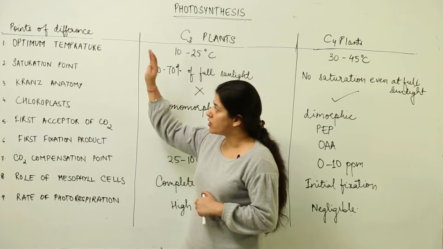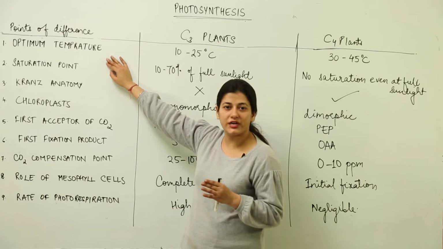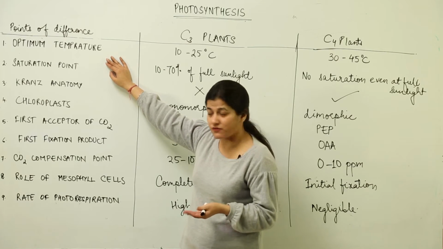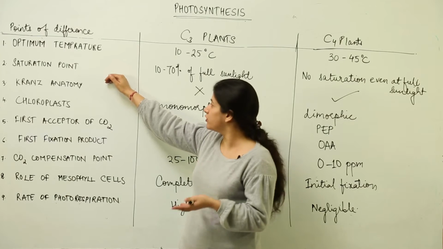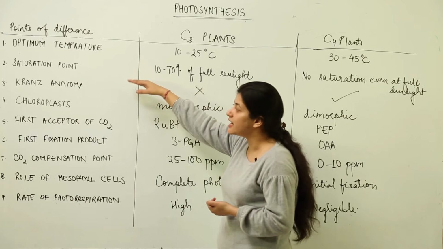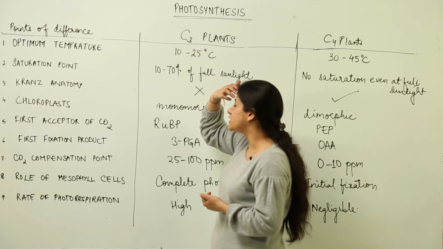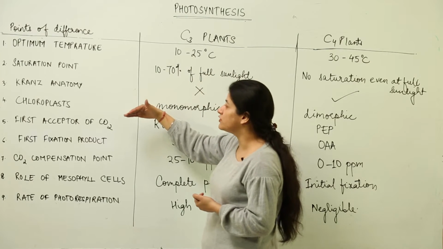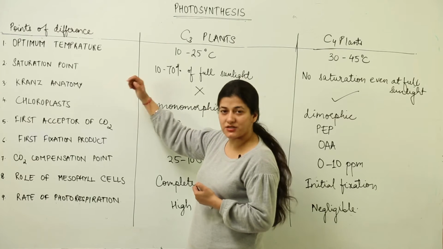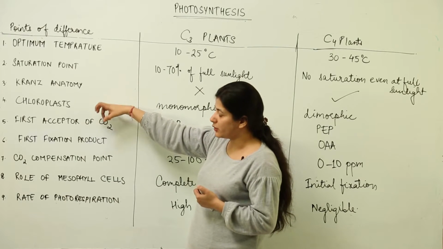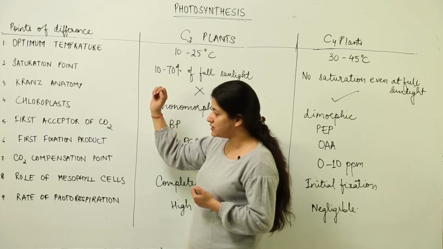We are going to talk about the optimum temperature at which the plant shows maximum rate of photosynthesis, the saturation point in terms of sunlight, what would be the saturation where the plant would stop performing photosynthesis after achieving the highest point. Then we have Kranz anatomy, the role of chloroplasts, how it is different in both the C3 and C4.